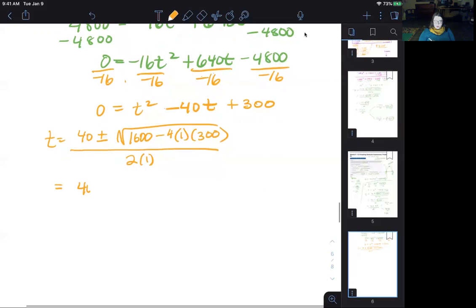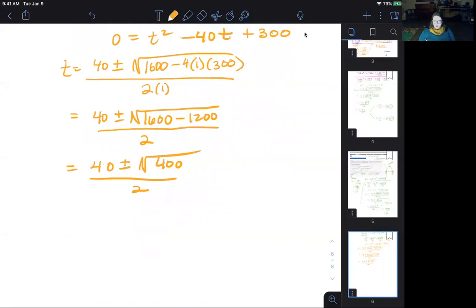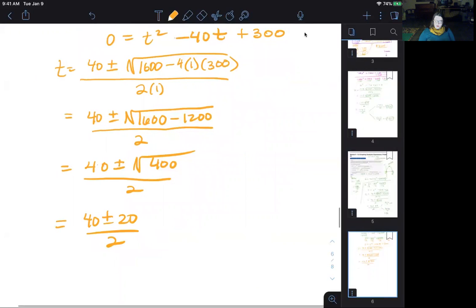So 40 plus or minus the square root of 1600 minus 1200, because that's 4 times 300, over 2. And here we get 40 plus or minus the square root of 400 over 2. And the square root of 400 is 20. So our answers are going to be 40 plus or minus 20 over 2.